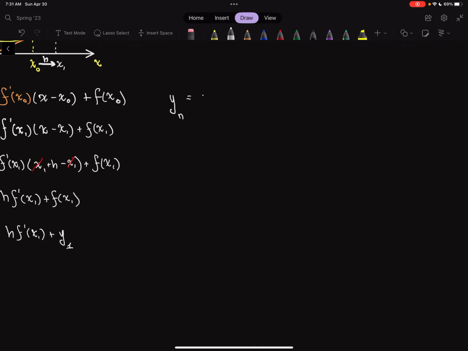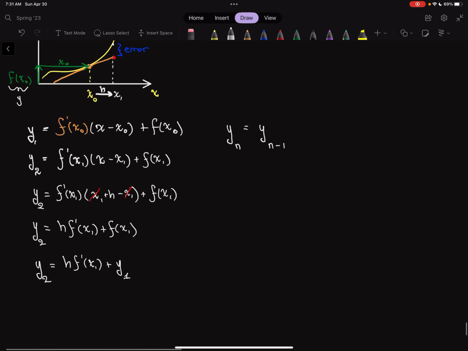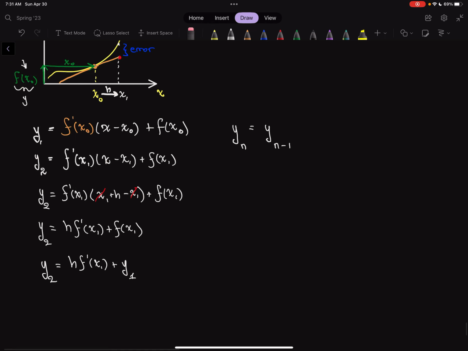It is going to be equal to the y that came before, so y sub n minus 1, plus we're going to add h times the slope at x sub n minus 1, and that is it.